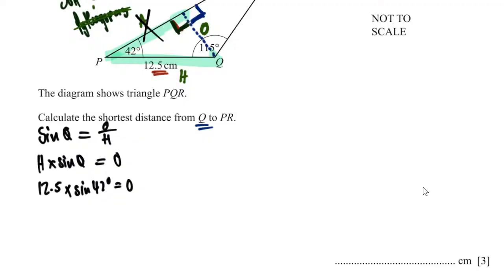Put it in the chat, everybody. 12.5 times sine 42 degrees. Where are the other solutions?